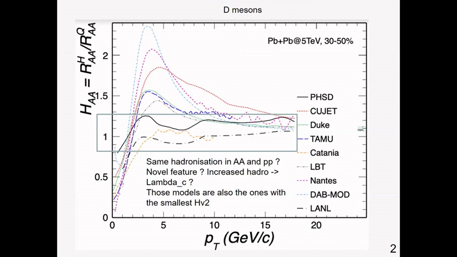I don't know how we should proceed with this. But one question for Tamio, Ralph, or Min: in your approach, is there a change if you include Lambda C or not, just to understand if there is any effect? There will be a change, but not a big change.